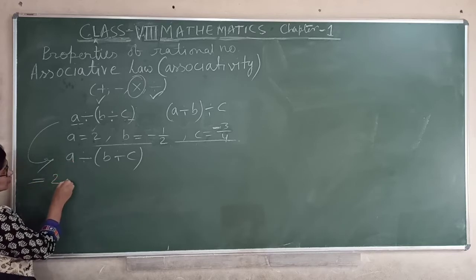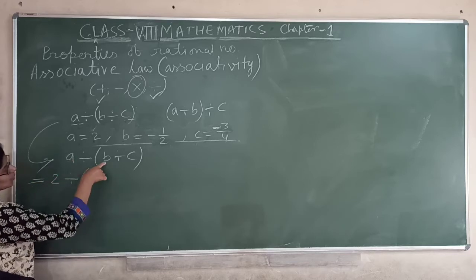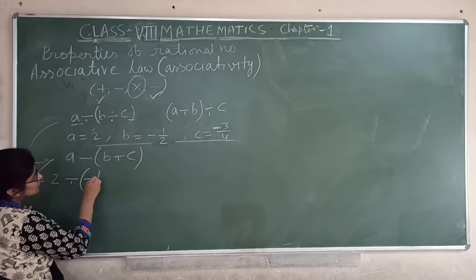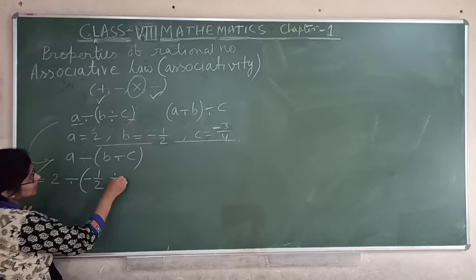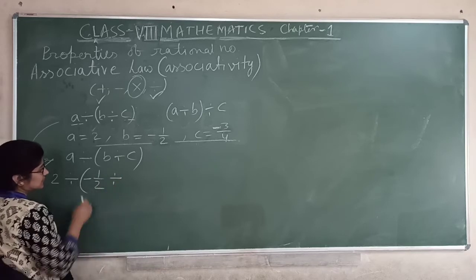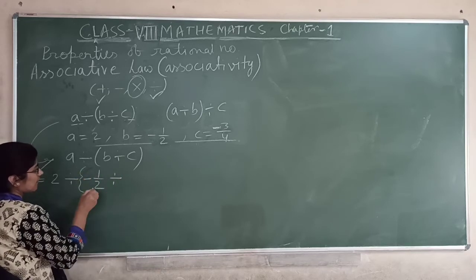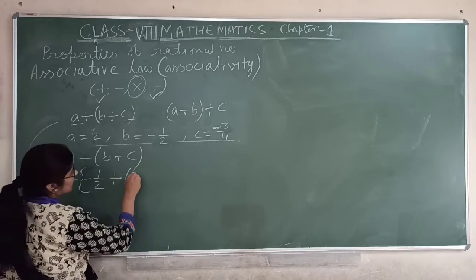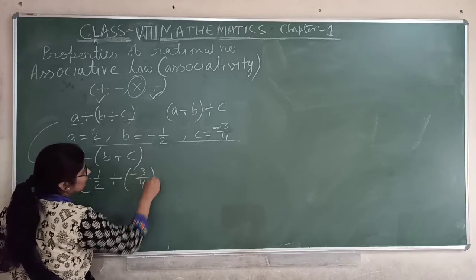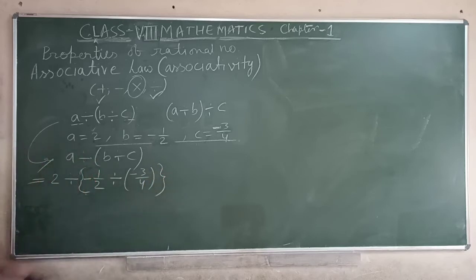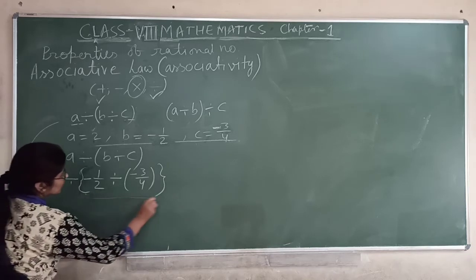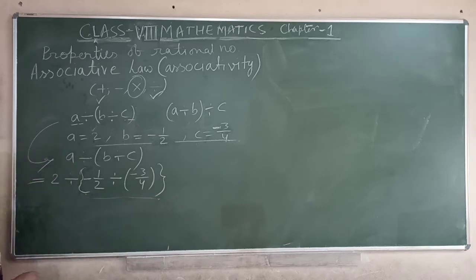A is 2 divided by (B is minus 1 upon 2 divided by minus 3 by 4), bracket close. Okay, so how will we calculate? First I am telling you how you will calculate this one.